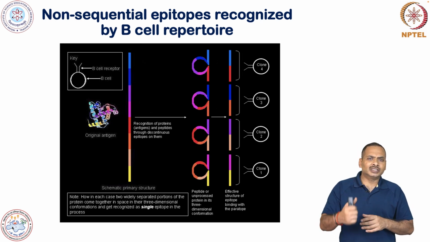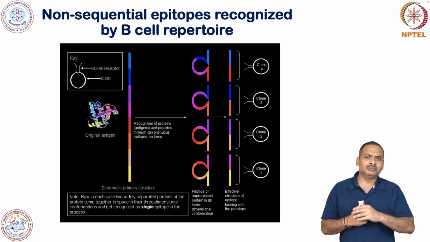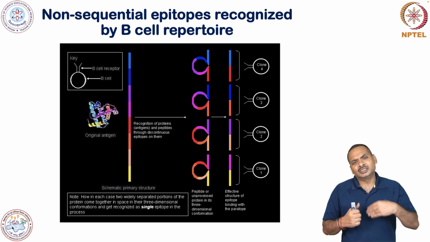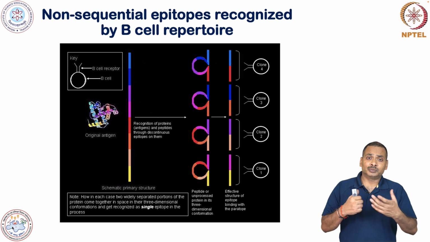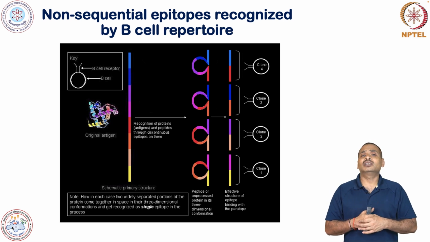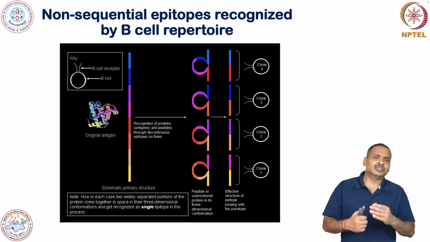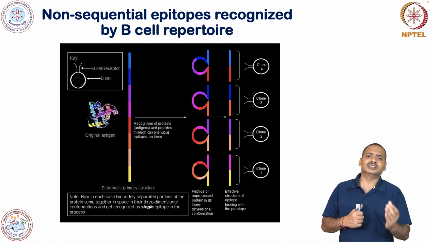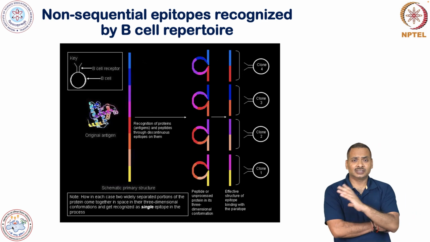So this is just a note you should remember: the mixture of antibodies generated against a particular antigen, particularly a proteinaceous antigen, consists of both types, which can recognize sequential as well as non-sequential epitopes. Please remember this, it is very important.